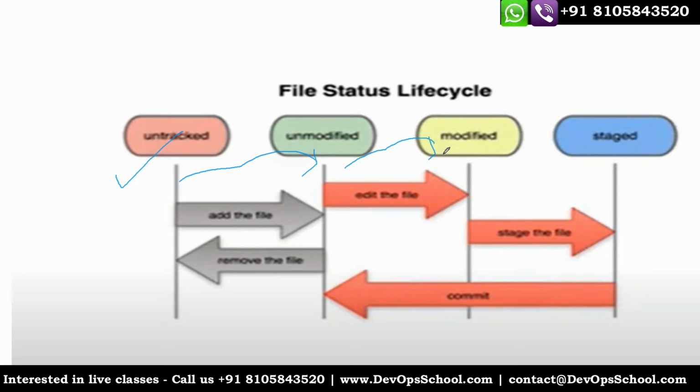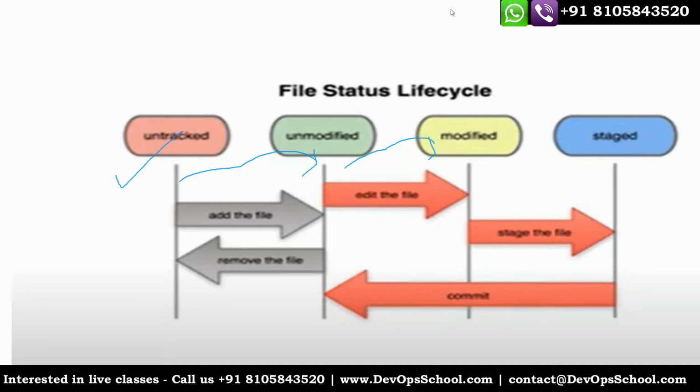You are parking the files that you want to commit. So staged is just one step before commit, committing that file to .git, or the git repo. So these are the four different stages a file goes through.